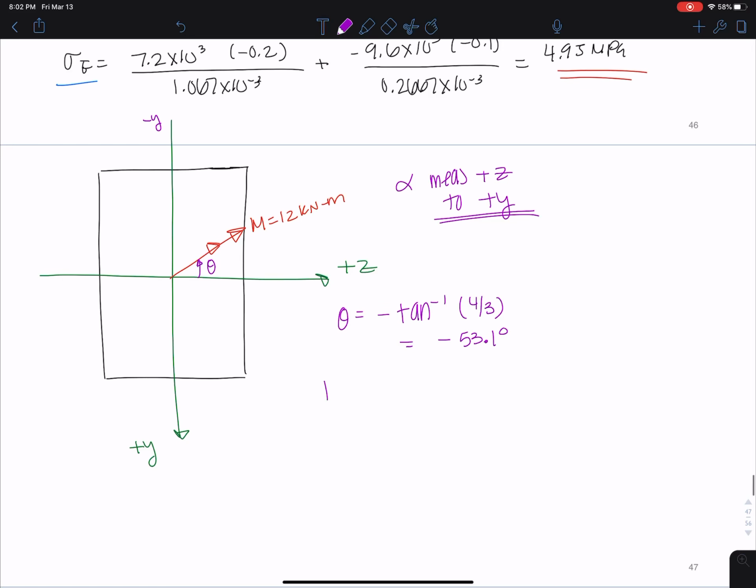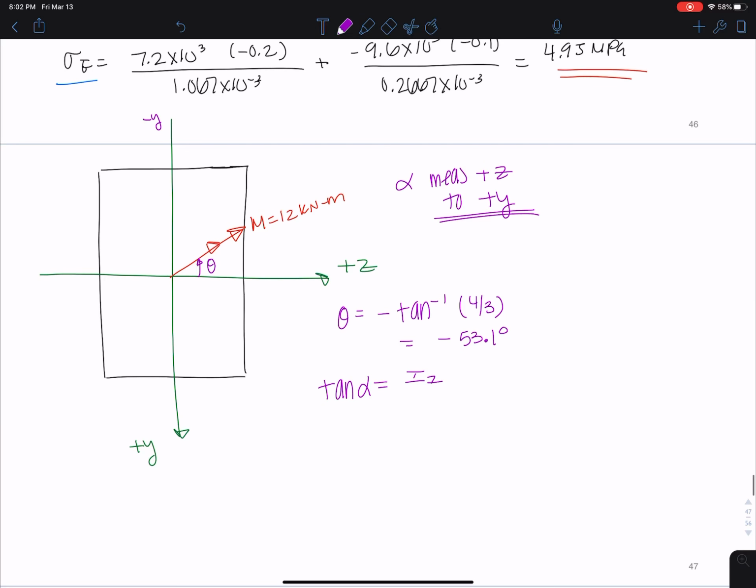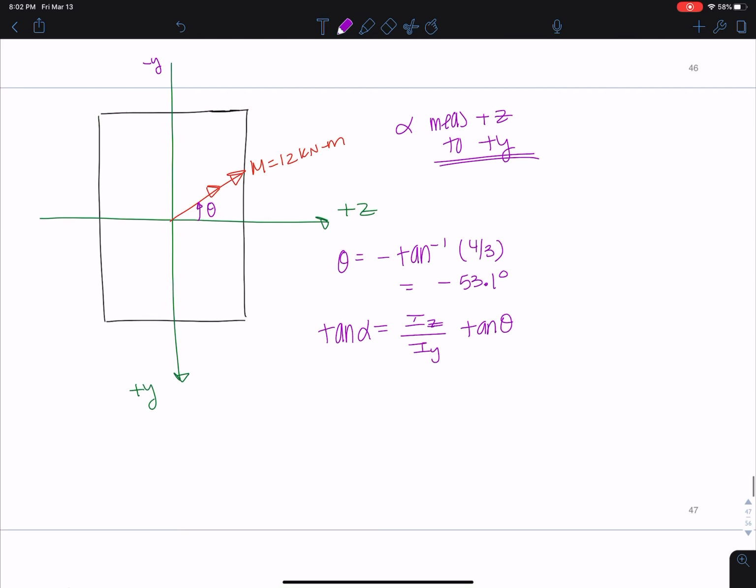Okay, let me get rid of that so it doesn't confuse anybody. Now to get alpha, I can say tangent alpha is equal to this formula that we calculated earlier, IZ over IY tan theta. Super simple from here.